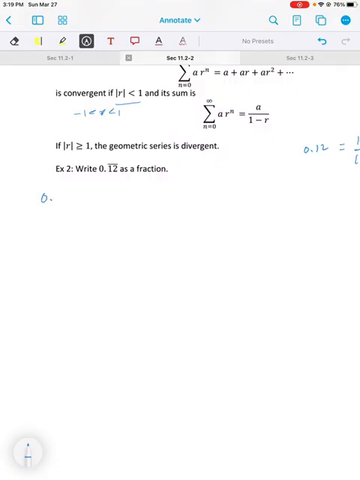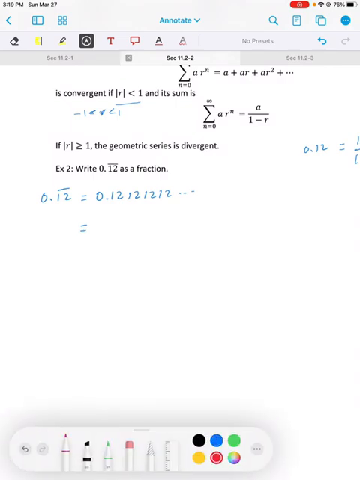This is how we do it. We start first by writing what the number actually is. So remember, this means the number is 0.12121212 dot dot dot. It's repeating forever. What we do next is we split this and write it as a sum of numbers. How do we write that sum? Well, we try to keep the repeating numbers together.